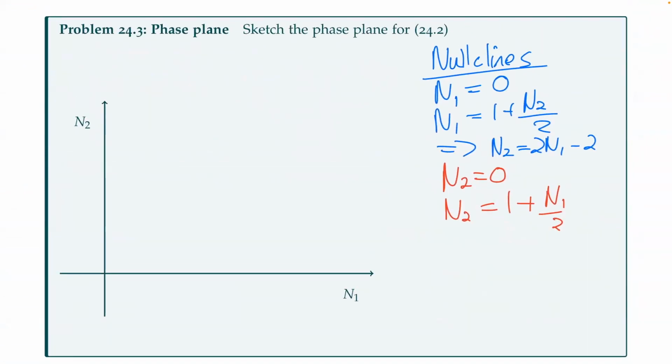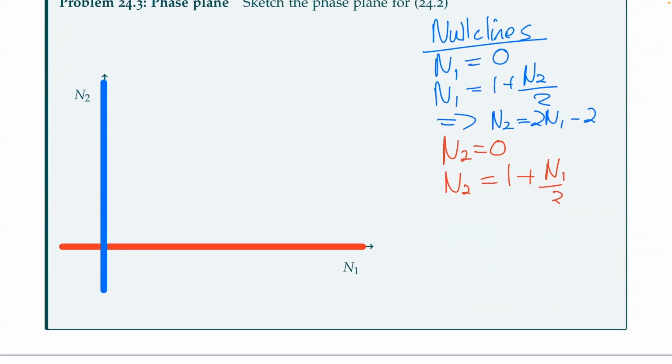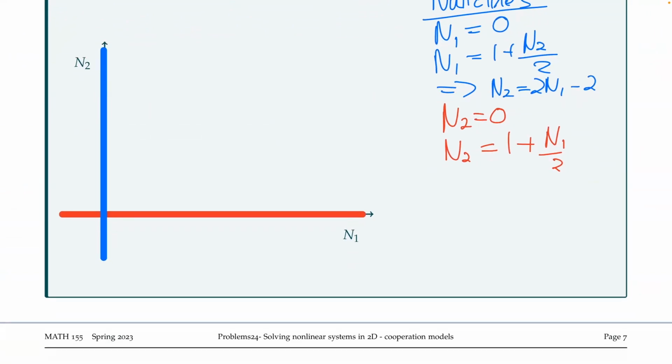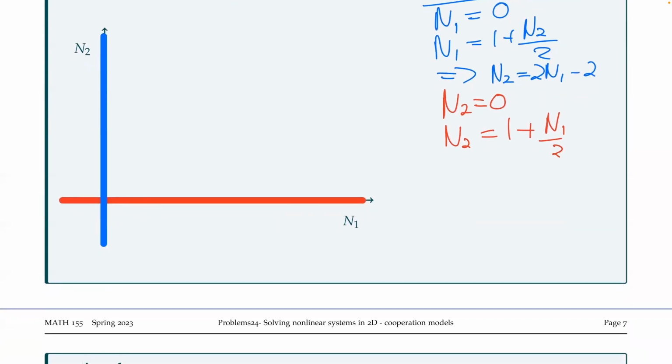So I can sketch them on. In population models, you would typically have null lines on the axes. So they're nice and easy to draw. We have two non-zero ones, two that aren't parallel to the axes. So the line n2 is equal to 2n1 minus 2. We know that that will go through 1, 0 down there.